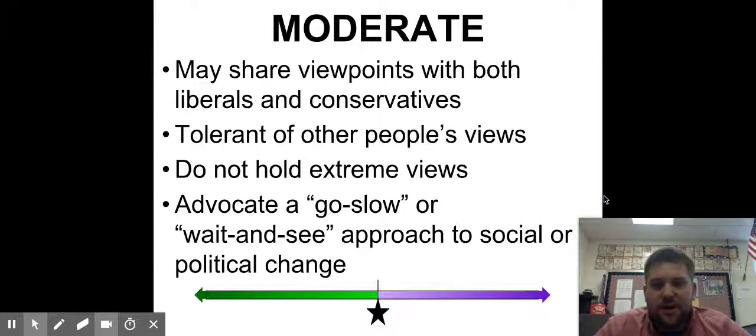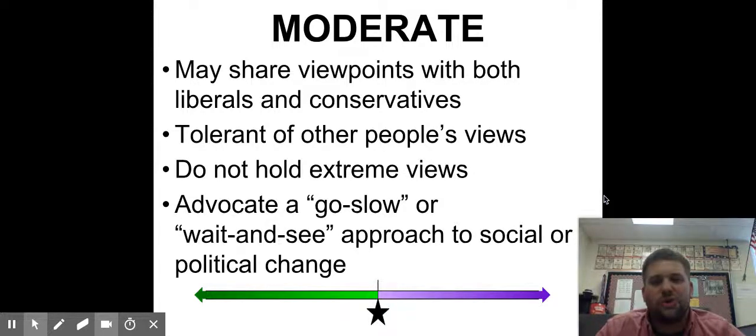Then we have moderates, right? Moderates, as I mentioned before, tend to share viewpoints with both liberals and conservatives, and it could be very dependent upon the issue. You might be a liberal when it comes to gun rights. You might be a conservative when it comes to LGBTQ issues. Moderates tend to be more tolerant of other people's views because they themselves go back and forth on the political spectrum, depending on the issue being discussed.